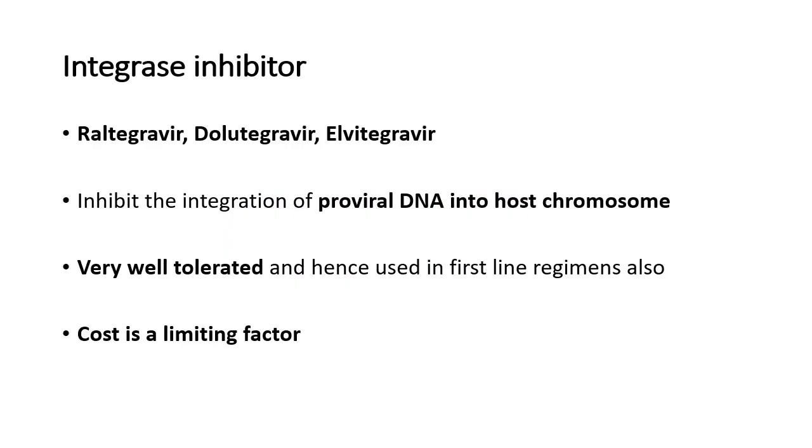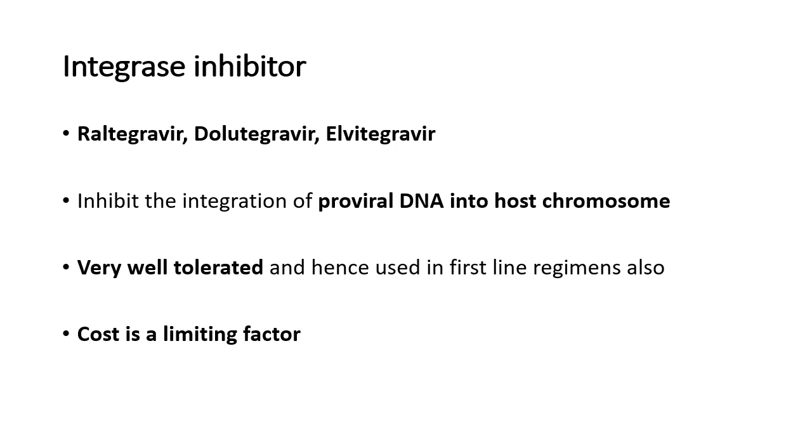Coming to the last class, that is the sixth class of antiretroviral drugs, the integrase inhibitors. So as we have already studied, integrase is an enzyme which is already present in the virus. This integrase enters into the nucleus of the host cell along with the proviral DNA.